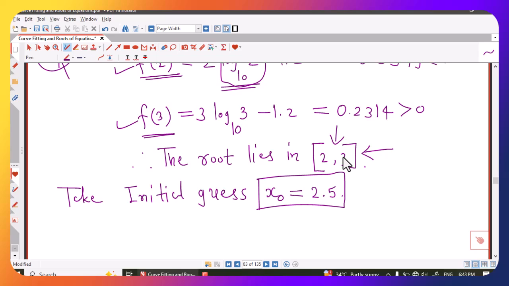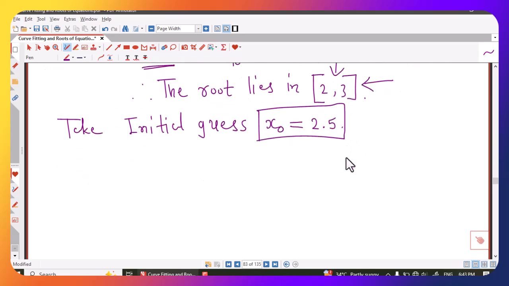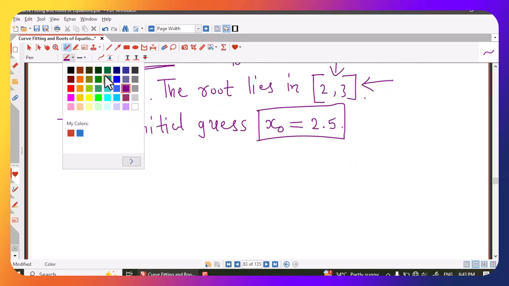Now once we obtain x0, we can find x1, that is first approximation, using Newton's formula.